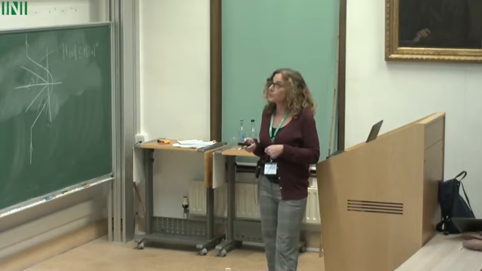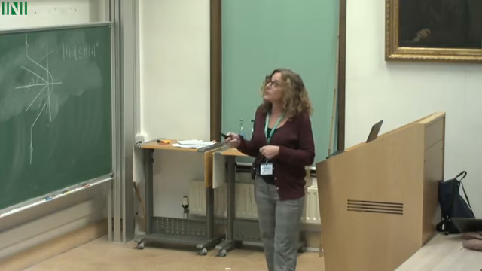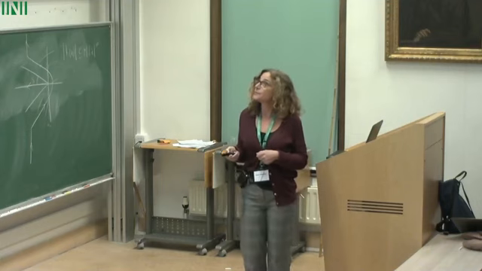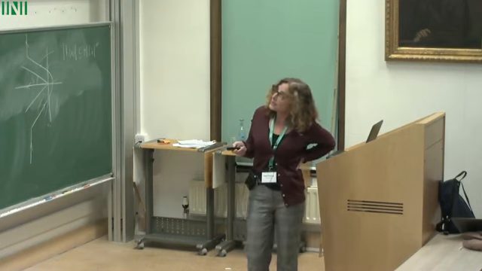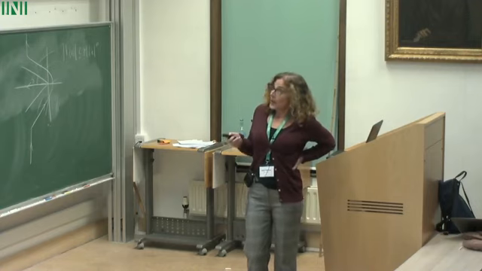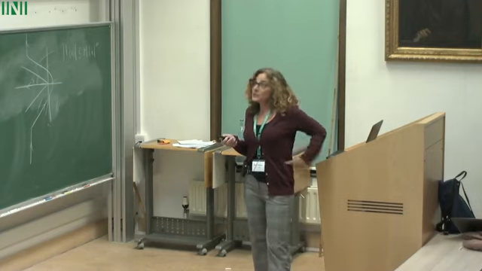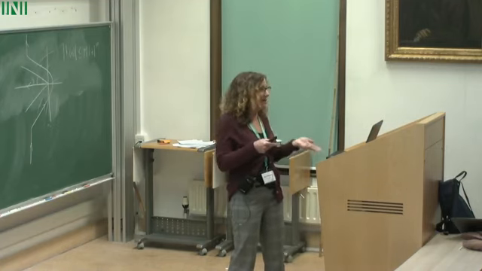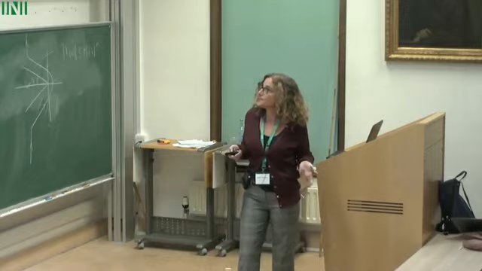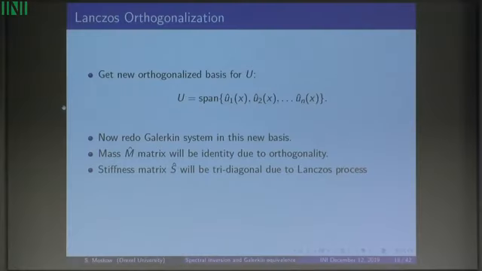So what happens after you do this? You get a new basis for U. And we can redo the Galerkin system in this new basis. So what happens to the system in the new basis? The mass matrix, which was just the L2 inner products of the basis functions, is now the identity. The stiffness matrix, now recall A was M inverse S, and because it's a Lanczos process, the matrix A in the new basis is going to be tridiagonal.